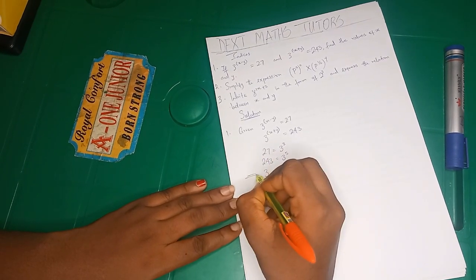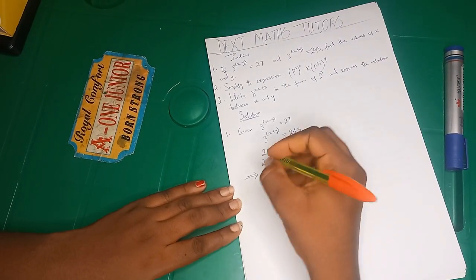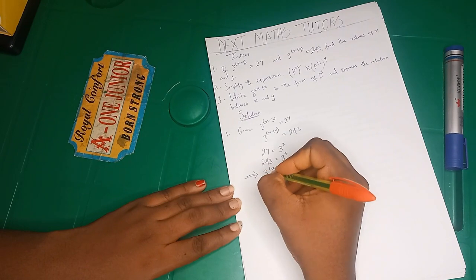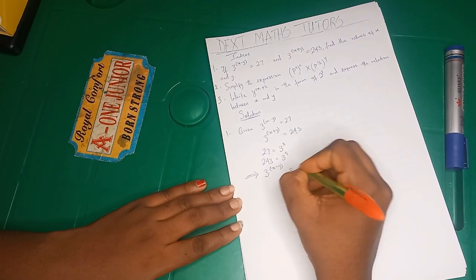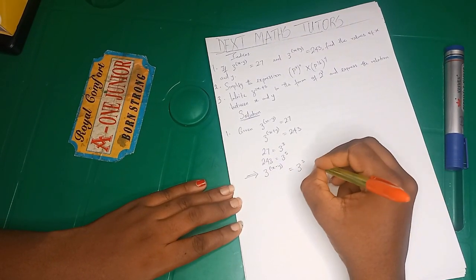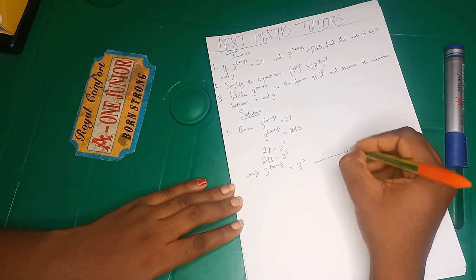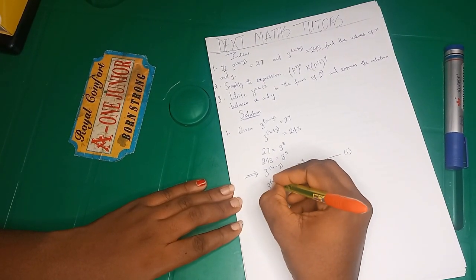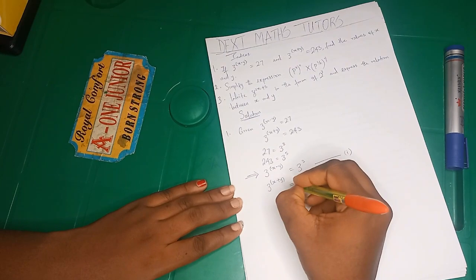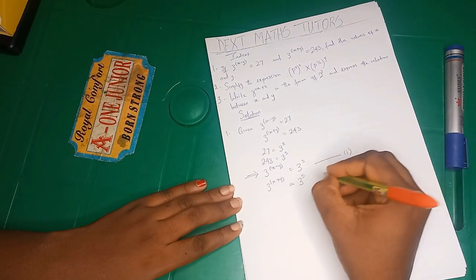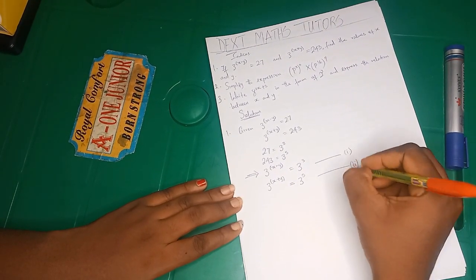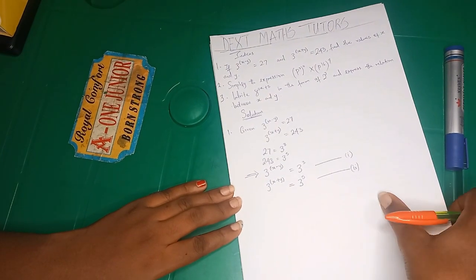Let me use implies that. In mathematics, this sign means implies that. 3 raised to the power x minus y equals 3 raised to the power of 3. Let's call this equation 1. And we have 3 raised to the power x plus y equals 3 raised to the power 5, equation 2. The reason we can replace them is because they are the same thing.